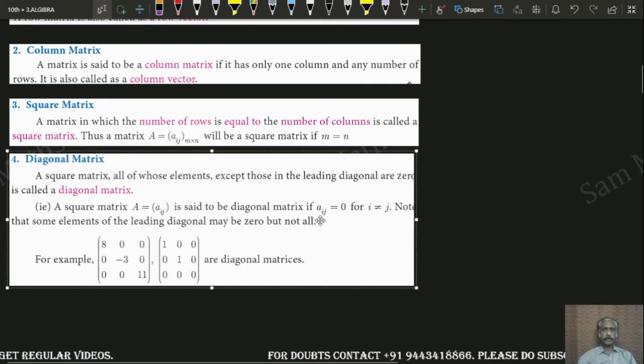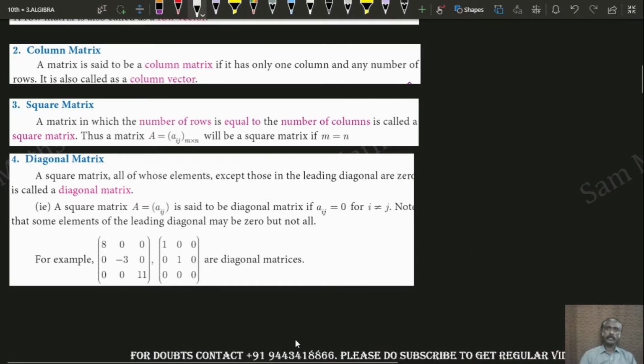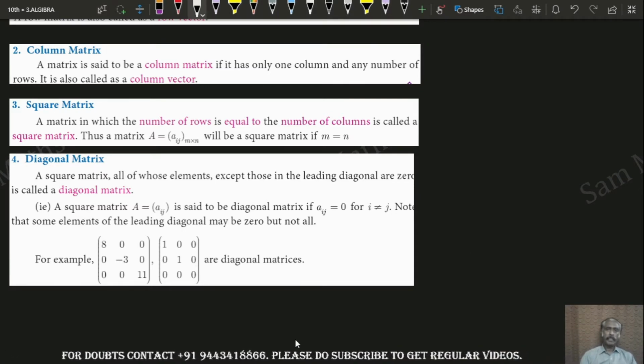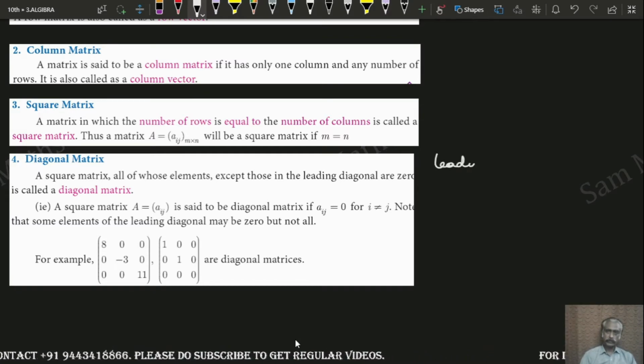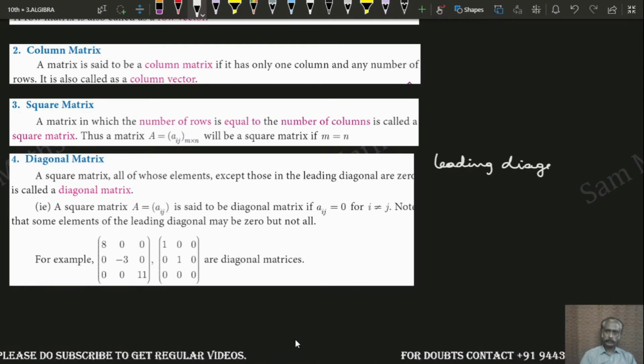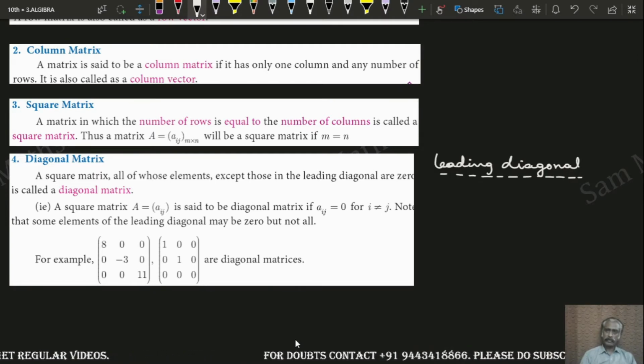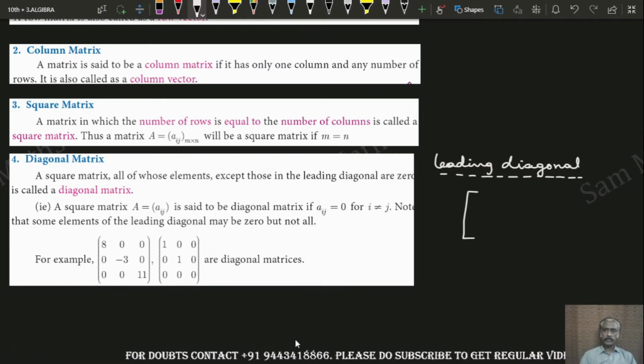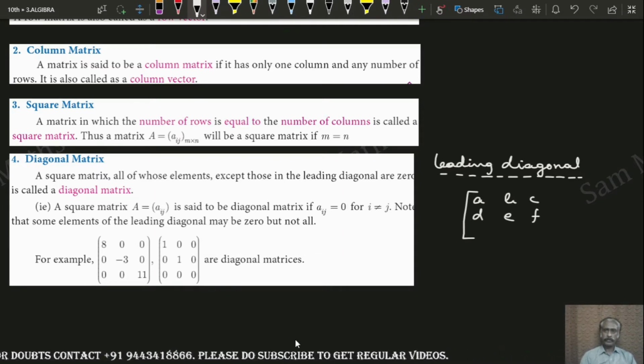Next is diagonal matrix. Before going for this definition, you must know what is the leading diagonal. In a square matrix, normally we have two diagonals. Just like this: a, b, c, d, e, f, g, h, i.